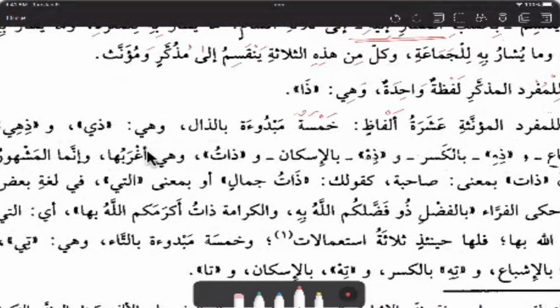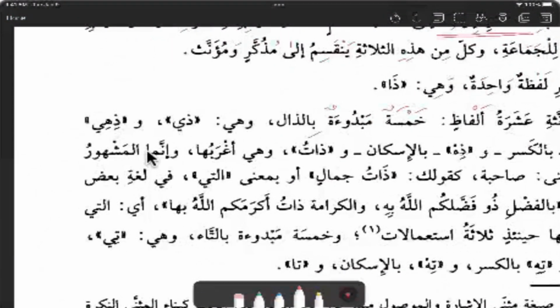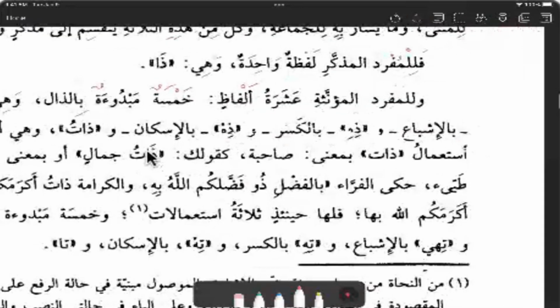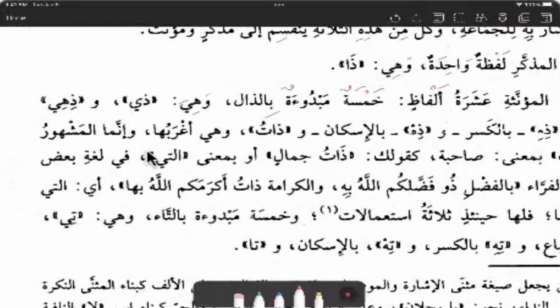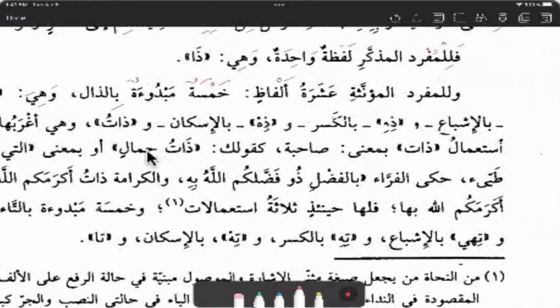Five of them start with the letter dhal. They are the, and then he says bil ishba', he means, because you can say hadhihi.